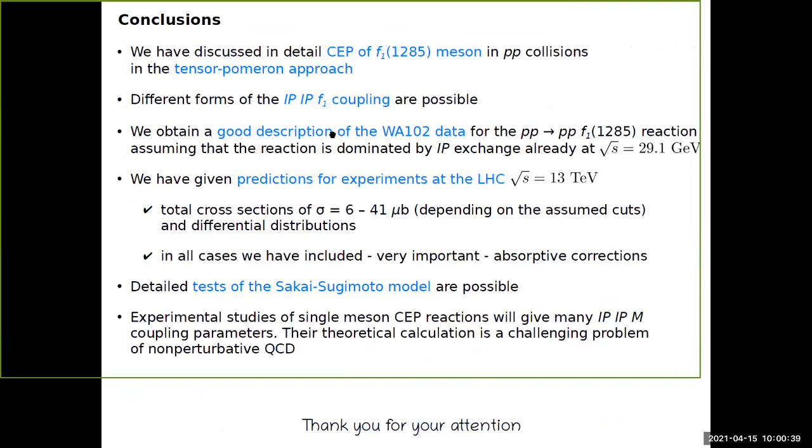We obtain a good description of low energy data, assuming that the reaction is dominated by Pomeron exchange. And from this, where we fix parameters, we give predictions for the LHC. The total cross-section is large, and differential distributions were calculated. In all cases, we have included very important absorptive corrections. Thank you for your attention.